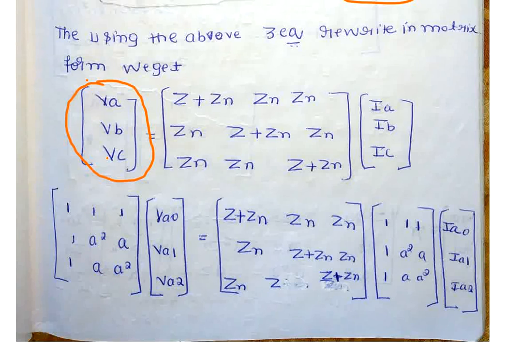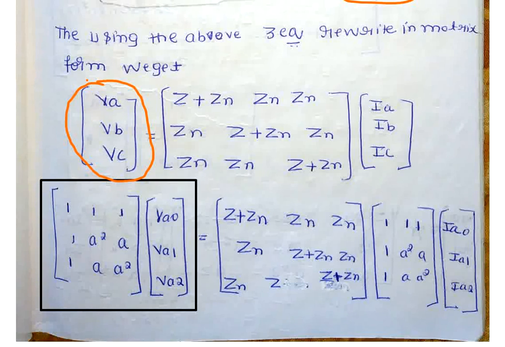This is the phase voltages in terms of symmetrical components. Now this whole term becomes equal to this, and I have written it in this form. Keep this as common.